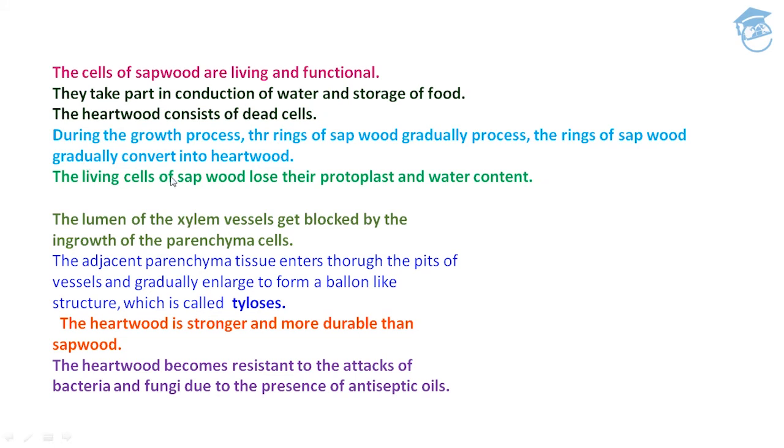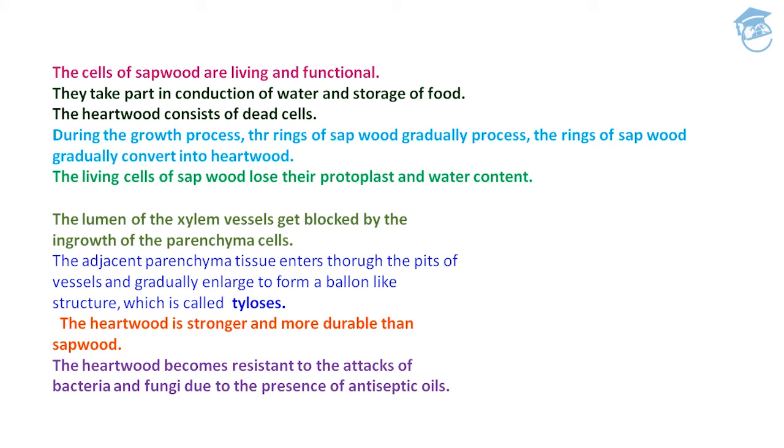The living cells of sapwood lose their protoplast and water content, and the lumen of the xylem vessel gets blocked by ingrowth of parenchyma cells. The adjacent parenchyma tissue enters through the pits of a vessel, and it gradually enlarges to form a balloon-like structure, which is called tylosis.